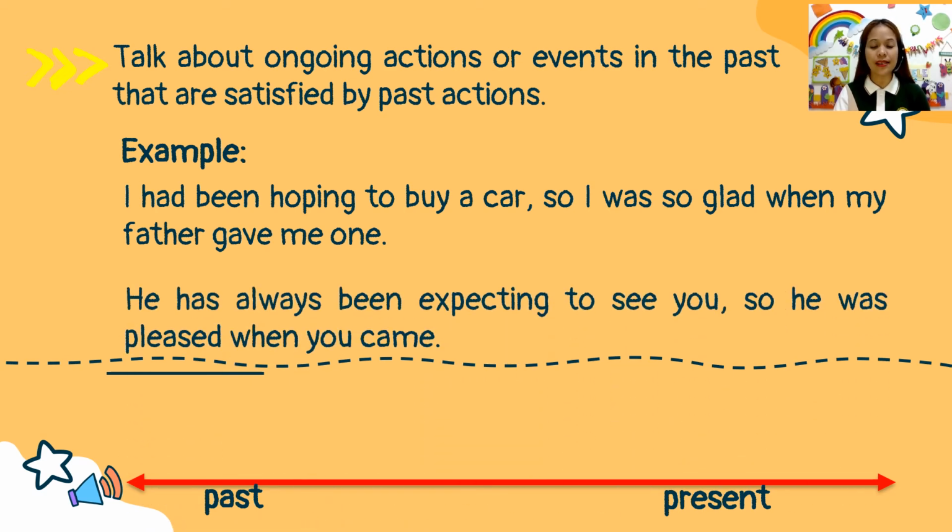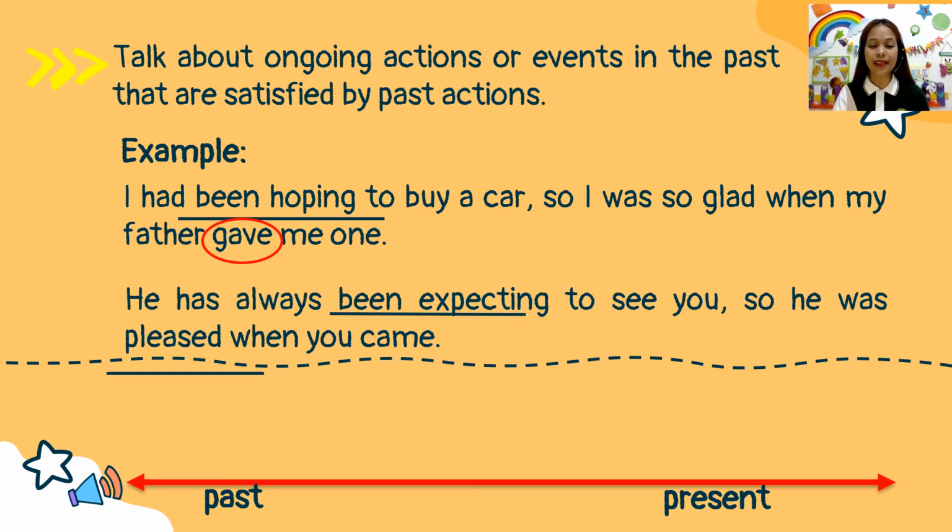Next one is, he has always been expecting to see you, so he was pleased when you came. As you see, been hoping is our ongoing action in the past. So gave is the second action. So he feels glad when the father gave him a car, right?